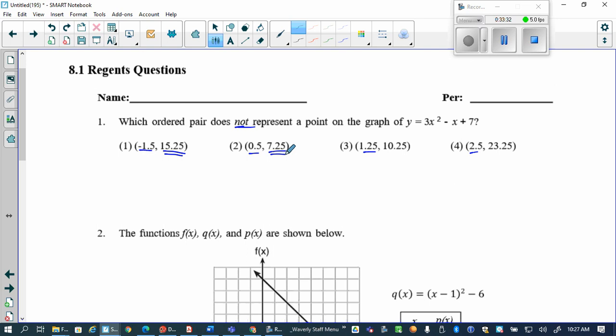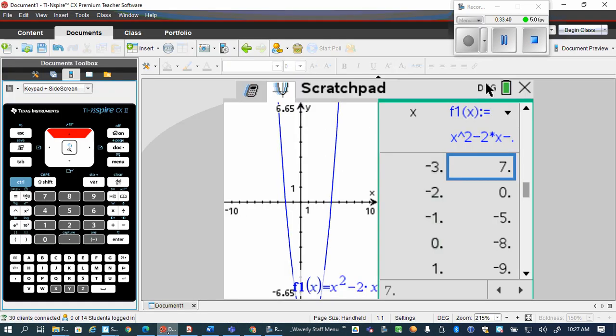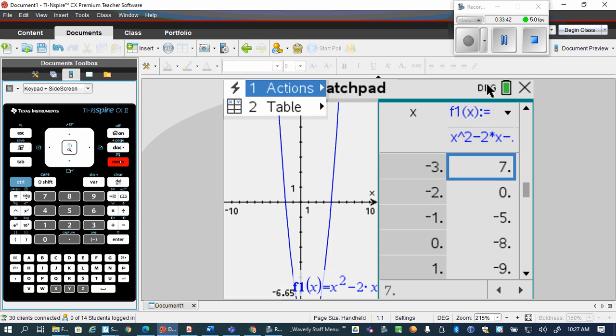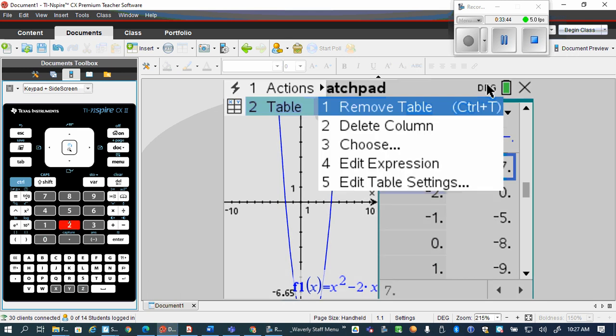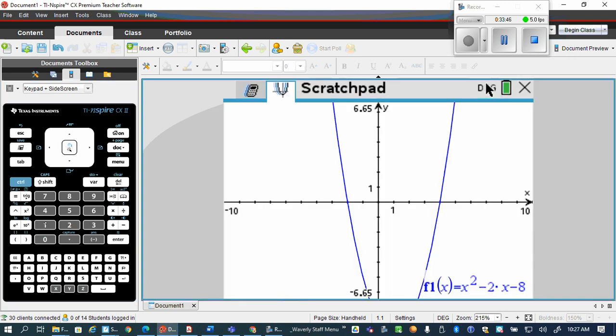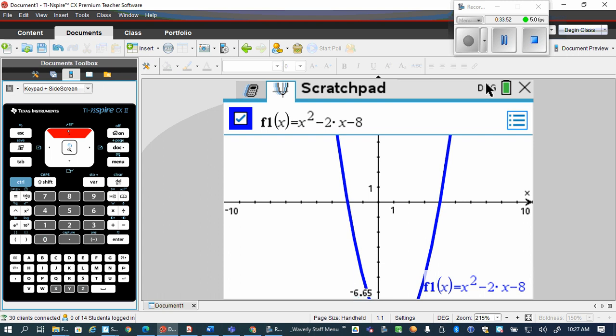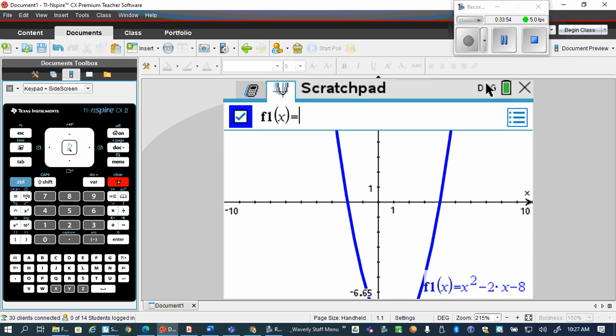And graph it and trace, right? Let me show you how that works. So let's take this thing and put it in our graphing calculator. Let me get rid of this table. So menu, to remove table. And then I want to get rid of this stuff. So tab, up to that, control clear.